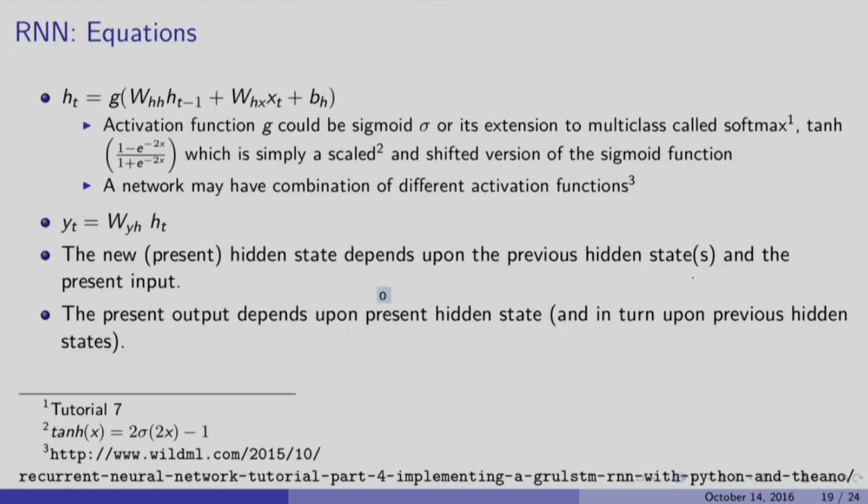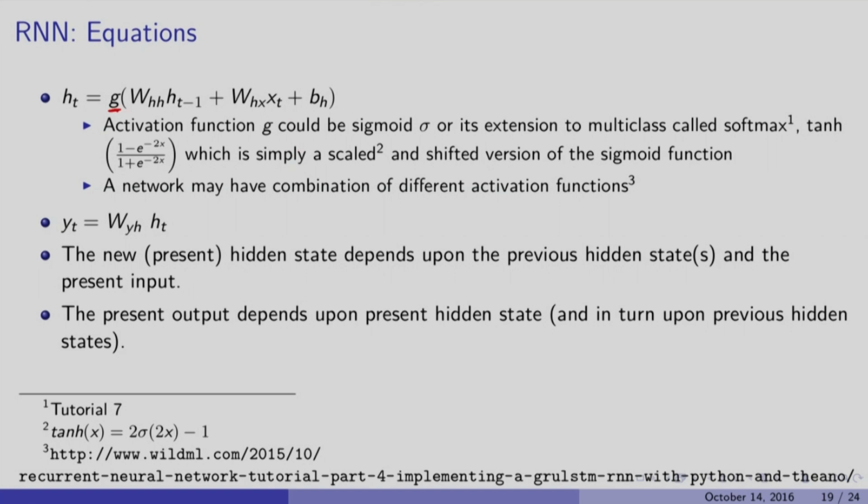So to better understand this, we write down the RNN equations, where the hidden state at time t, ht, is a function of the state at time t minus 1 weighted by WHH plus a weighted linear combination of the inputs from the previous layer plus some bias.